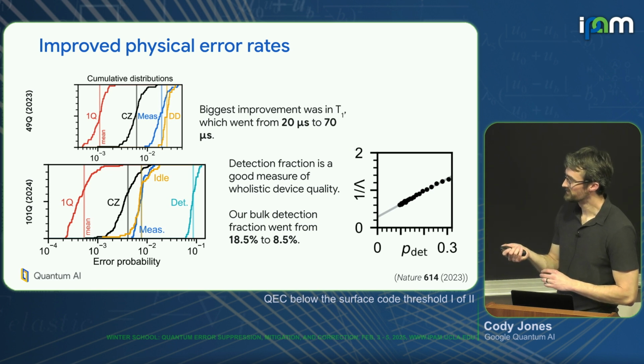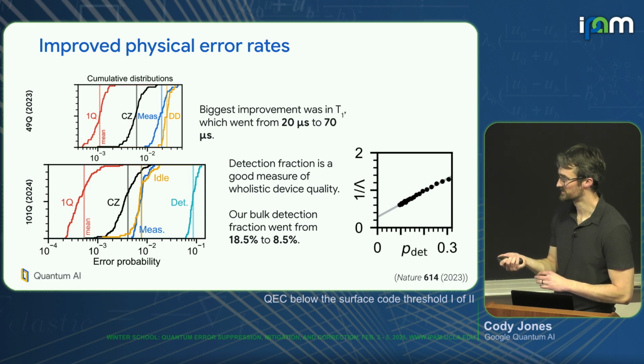So from that 2023 result, remember that was when Lambda was 1, we improved our device performance. It says 2024, but actually, yeah. If you look at, say, CZ error rates, they went down by like a factor of 2. It's maybe not so easy to eyeball that, but you'll see that everything shifted down.